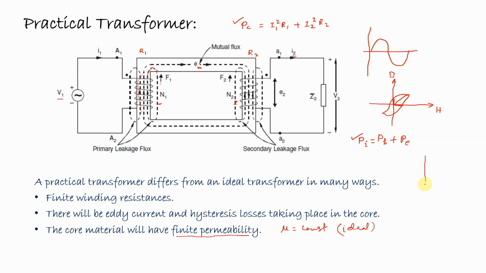Because if the permeability was constant, then the nature of the B versus H characteristics for the alternating flux would be a straight line passing through the origin. But we have seen that the B versus H characteristic is a loop, and this loop indicates that mu is not a constant. So these are the concepts of the ideal transformer as well as the practical transformer.